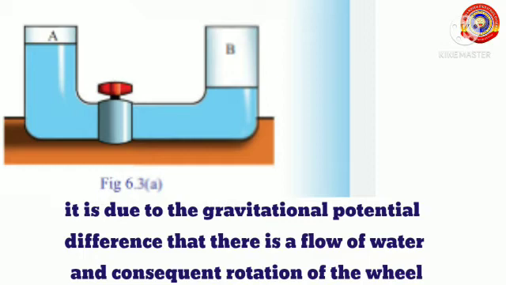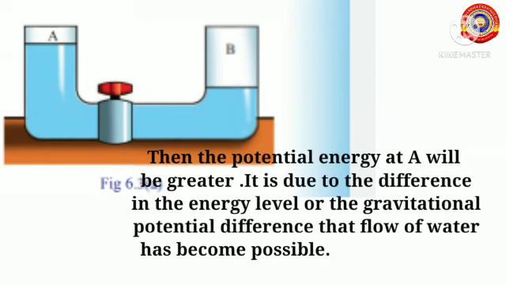In the figure, isn't the water level at A greater than that at B? Yes. Then the potential energy at A will be greater. It is due to the difference in the energy level, or the gravitational potential difference, that the flow of water has become possible. Let's learn more about potential difference.